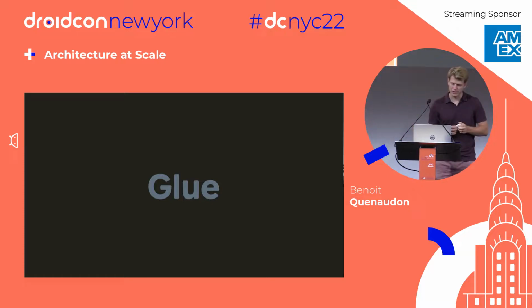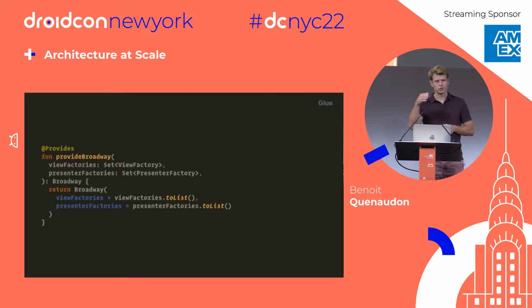So the way we do it, each module would be using a Dagger module, exposing its view factory or its presenter factory into the DI graph. We provide Broadway with all those factories. And then we have the container at the root of the app.